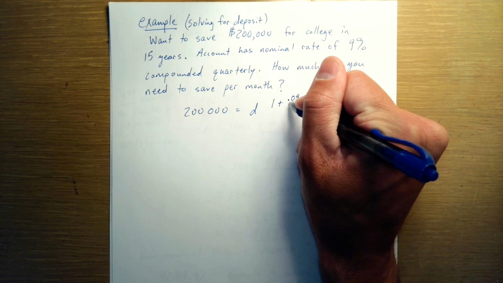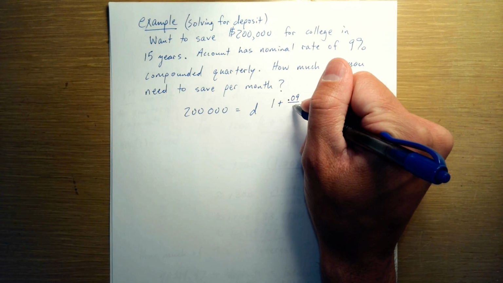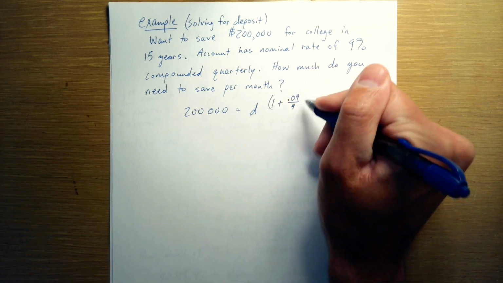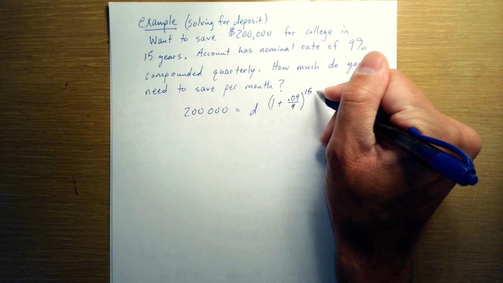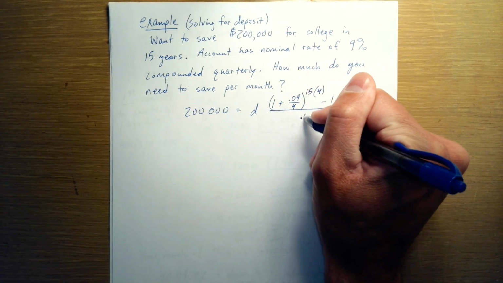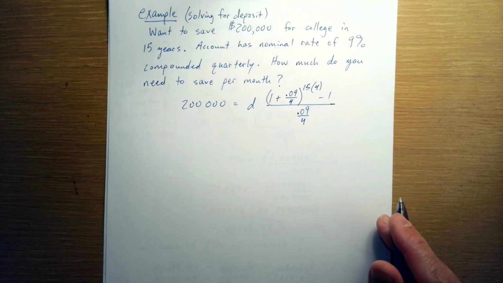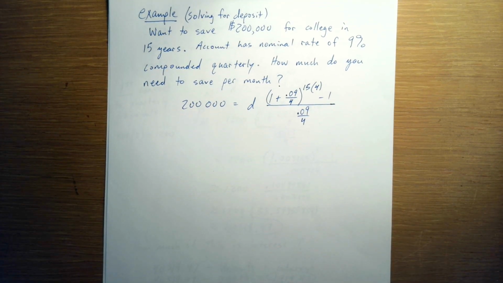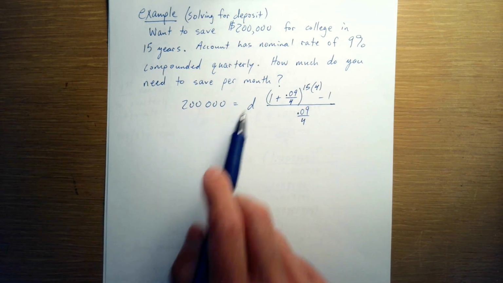So we get 0.09, that's our percent, over 4, compounded quarterly. 15 years, compounded 4 times per year. So that's what we're looking at. So I'm going to go through how to solve this, but you can imagine how it's going to go. We're going to take things from one side to the other. Eventually we're going to get D by itself.